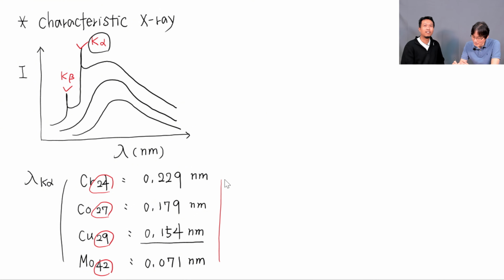How can we explain this? Wavelength and energy are inversely proportional. So if the wavelength decreases, the energy should increase, and this energy becomes higher.